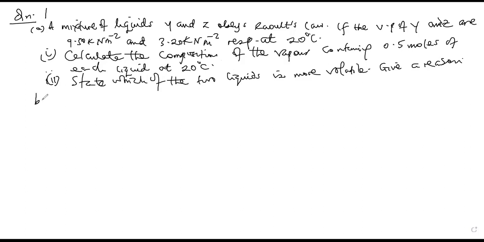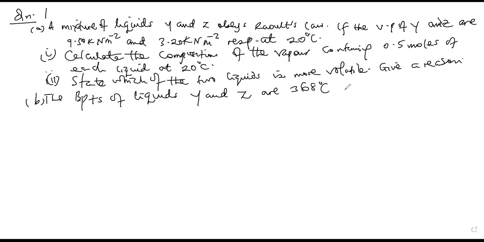Then B, the boiling points of liquids Y and Z are 368 degrees Celsius and 395 degrees Celsius, respectively.